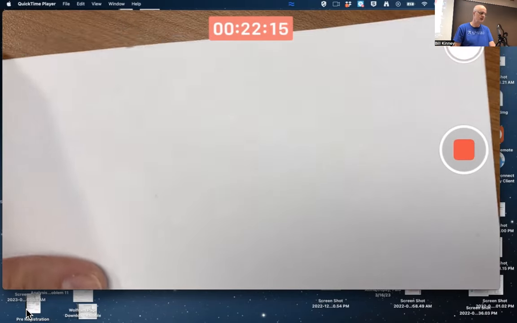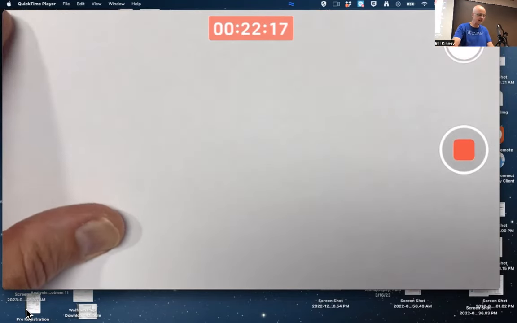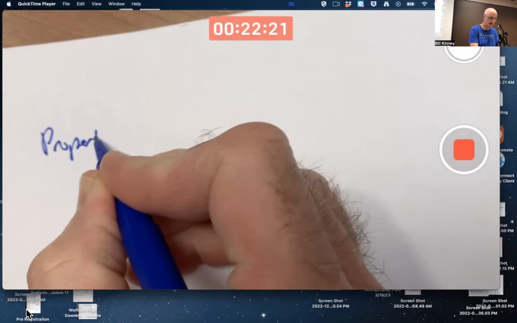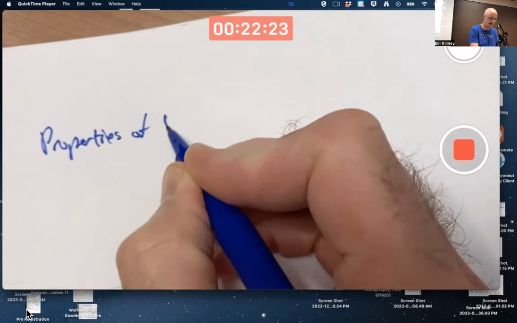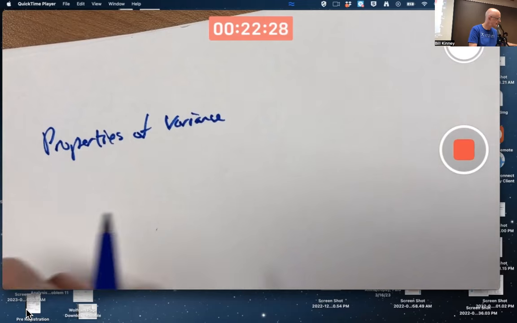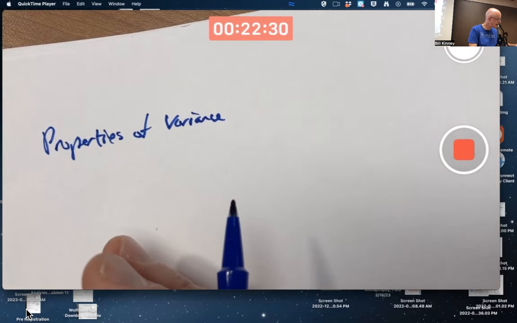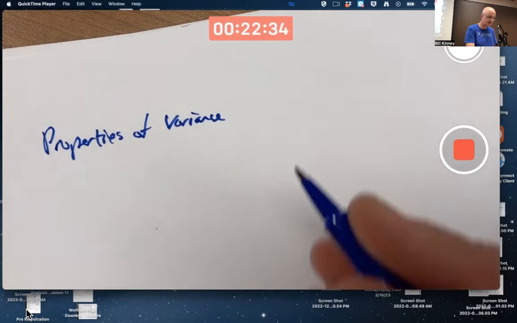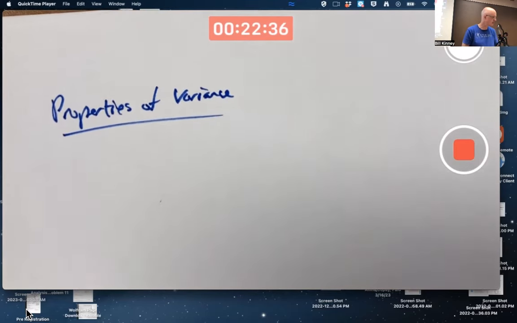Should also know properties of variance, abstract properties. You'll find these still in chapter 3 on page 58, called rules of variances.